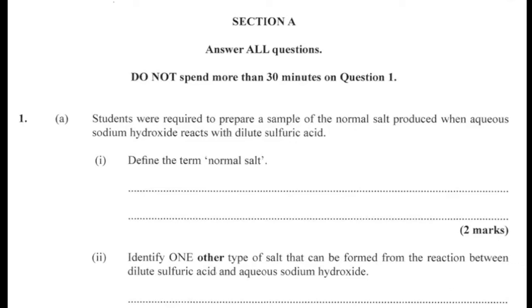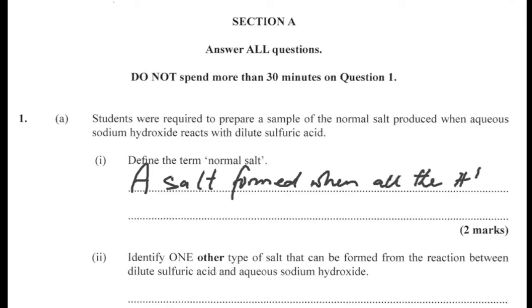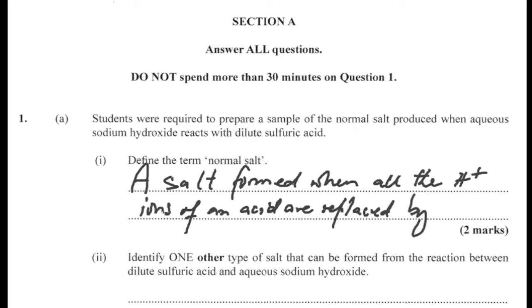All right, so a normal salt is the salt, or we could say the substance, formed when all the H plus ions of an acid are replaced by the ammonium ion or a metal ion. That should give us our full marks.